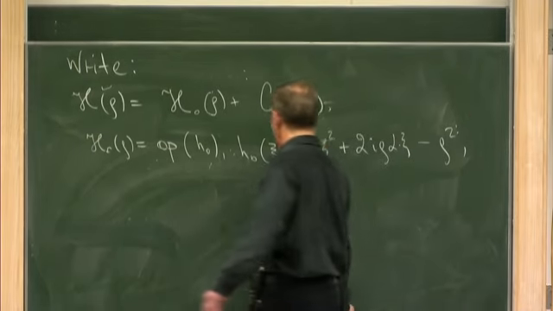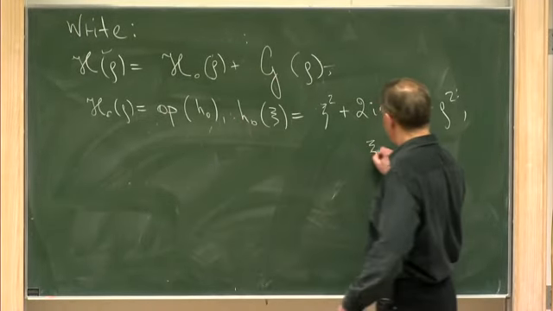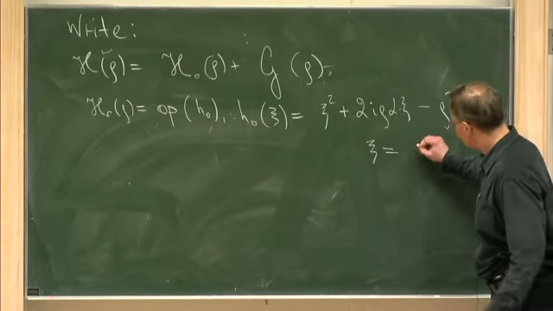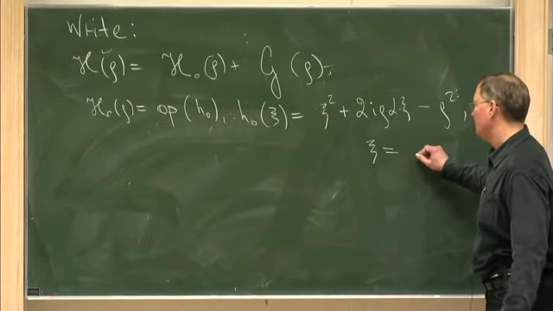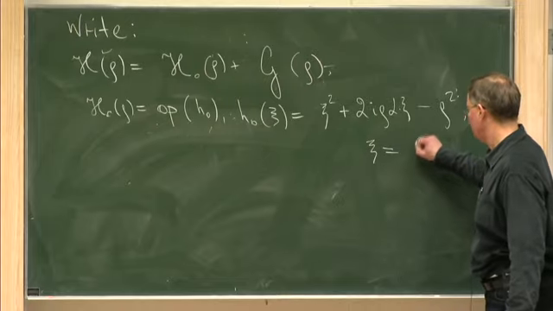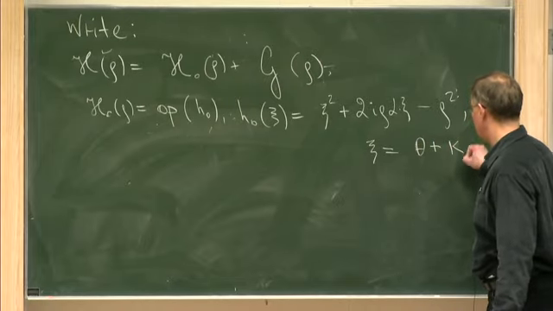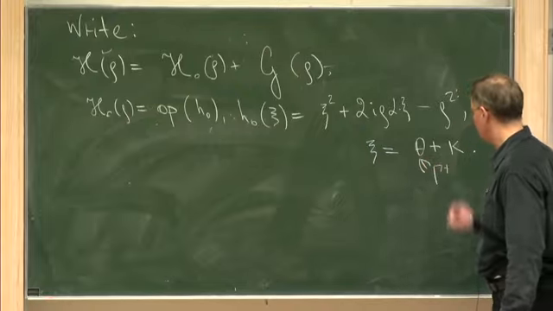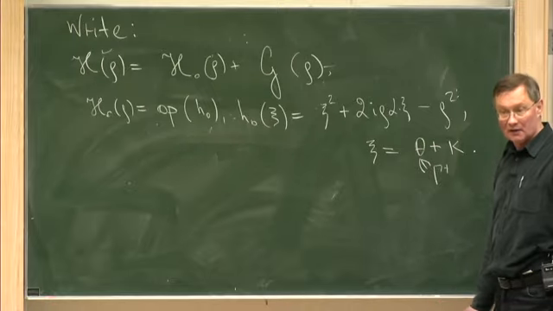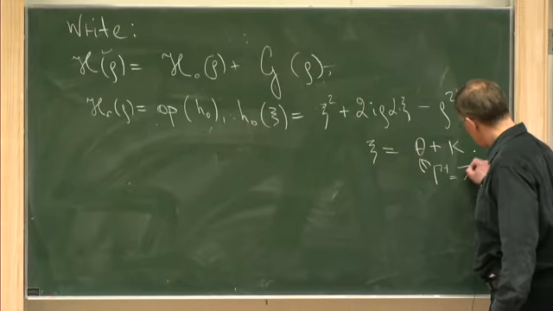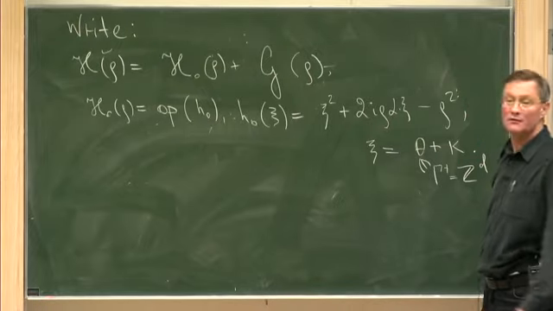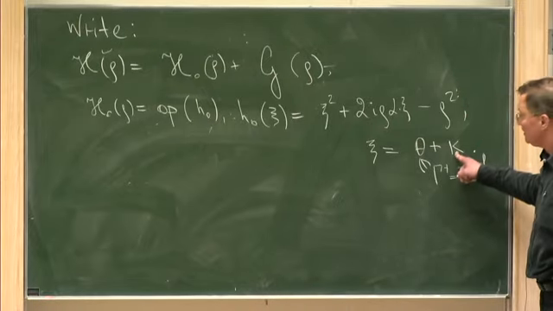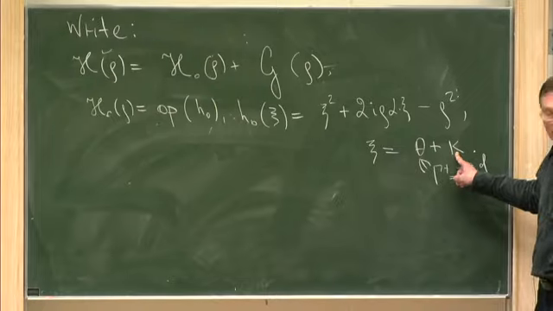So that's the symbol. I remind you that psi is nothing but theta plus k. Theta is the vector of the dual lattice. We can assume that the dual lattice is integer just for simplicity, and k is the quasi-momentum.